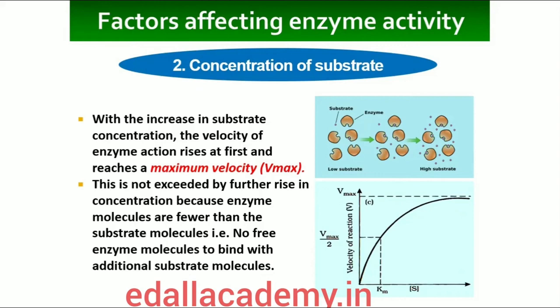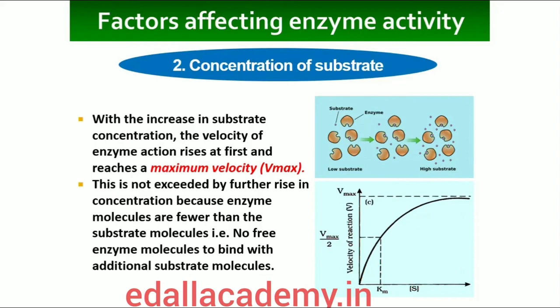This is because the enzyme molecules are fewer than the substrate molecules, and after saturation of these molecules, there is no free enzyme molecule to bind with the additional substrate molecule. Km indicates the substrate concentration at which the reaction attains half of its maximum velocity.